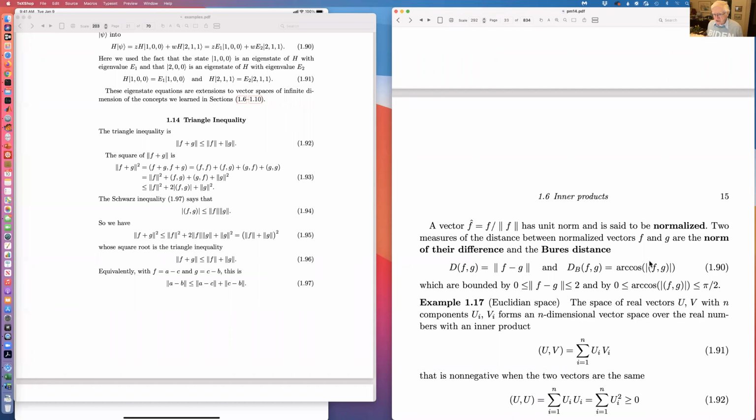On the other hand, there's another fancy distance called the Bures distance, which is the arc cosine of the absolute value of the inner product, and that's between 0 and pi over 2.